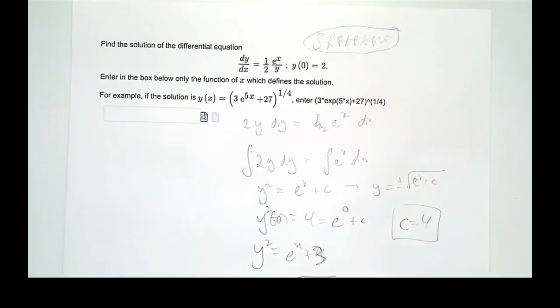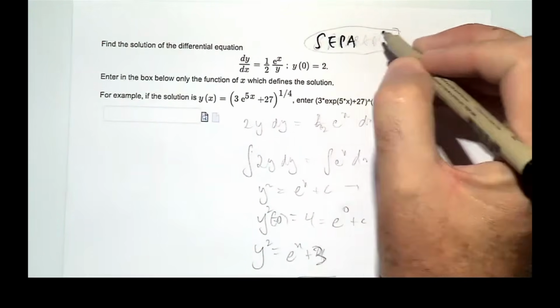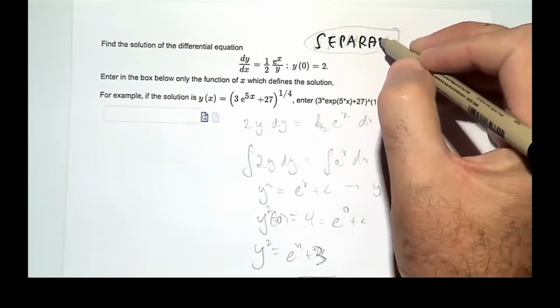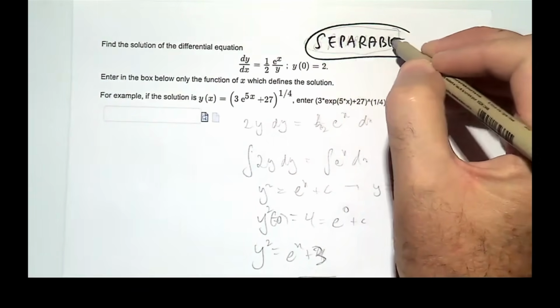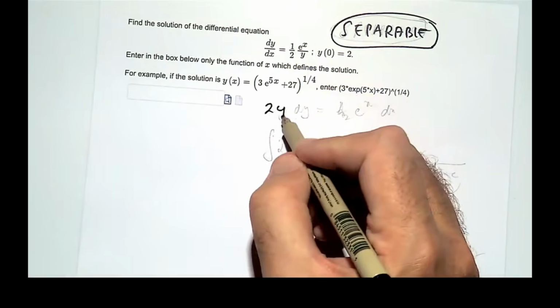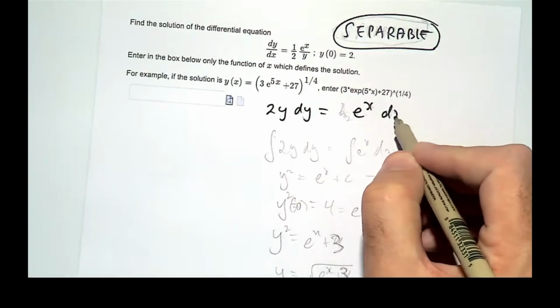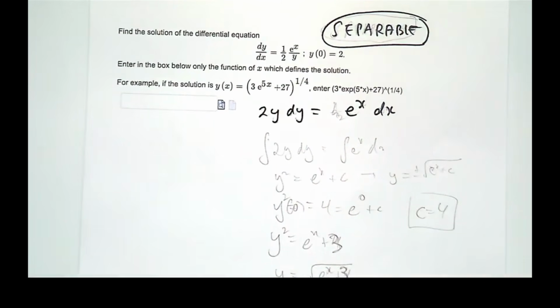Okay, so I've gone through my little checklist. I found that it is separable. So I'm going to bring the 2y to one side and the dx to the other. Okay? And so now I can integrate both sides.